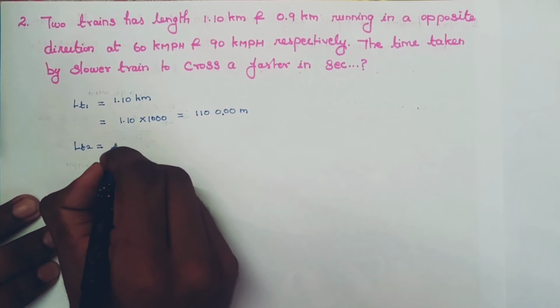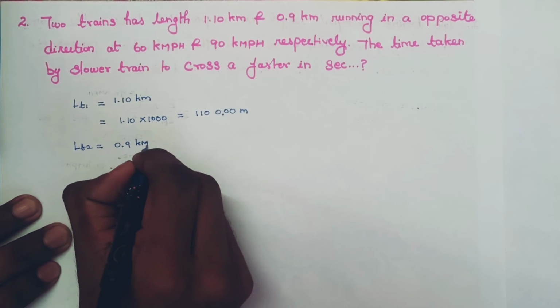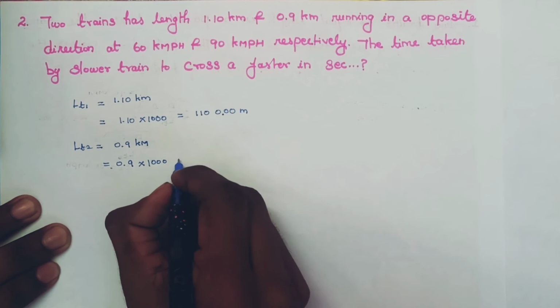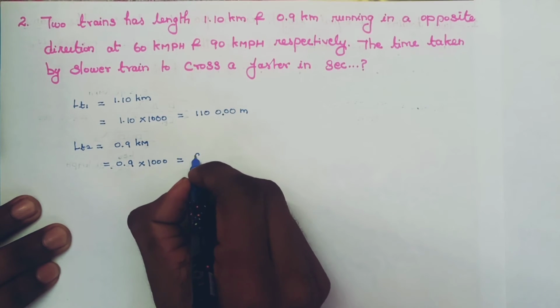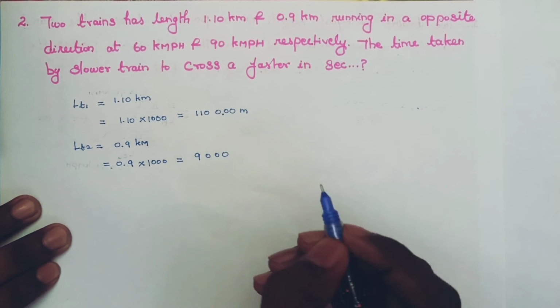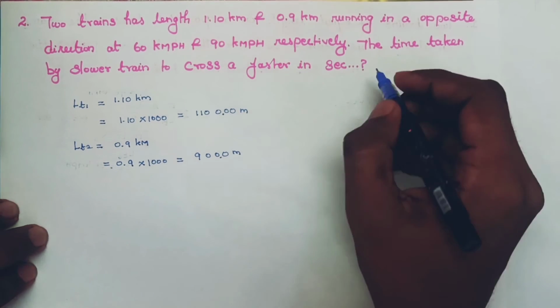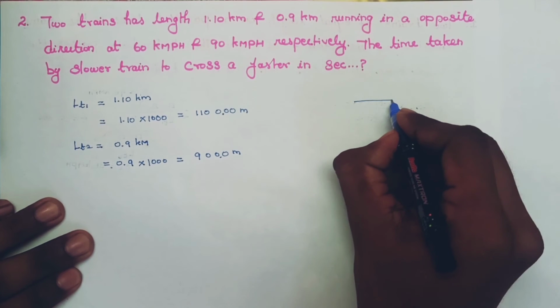What is the L2 value? 0.9 kilometer. The same thing: in order to convert it into meter, you multiply by 1000, which gives 900 meter, right?